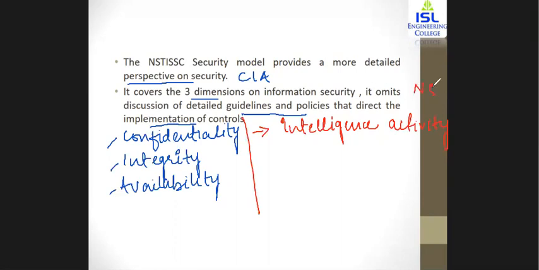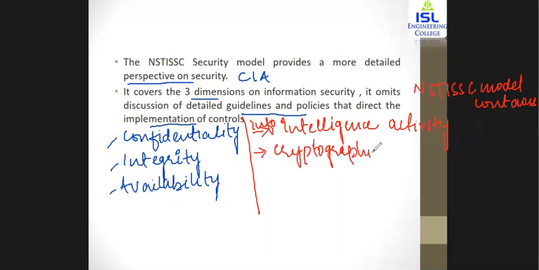It can have any type of cryptographic activities, anything that is being encrypted so that any unauthorized person should not be able to identify what task you're performing. Then it can have different commands or any control of military forces.